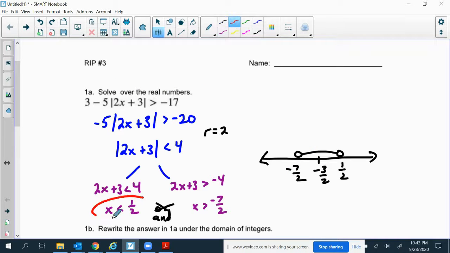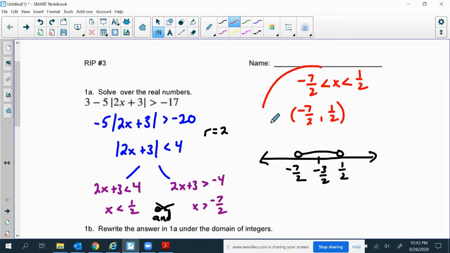So if you just leave it like this with no and or, you're probably not going to get full credit. Instead, you probably would want to write something in interval notation, or you can write it in inequality notation because it doesn't specify. But either of these would be an acceptable way of writing the answer.